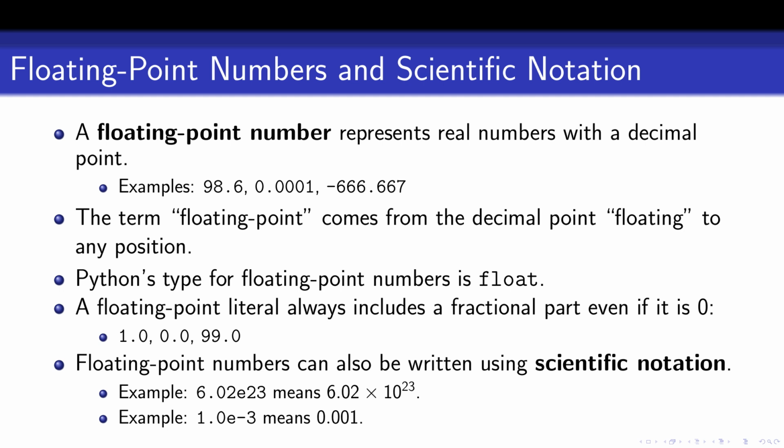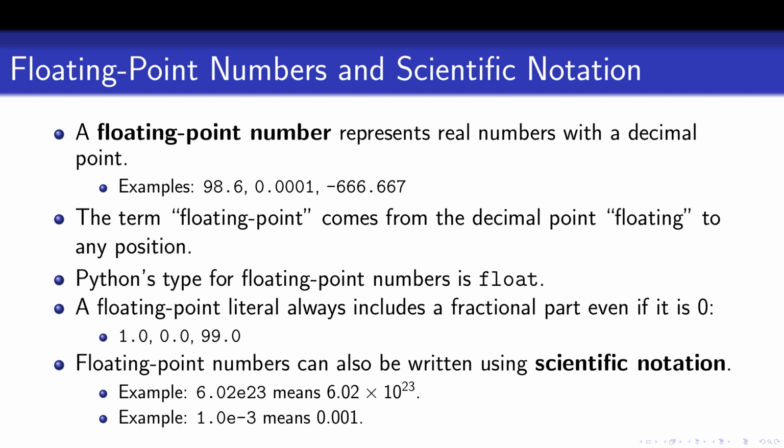Now let's shift to numeric types, starting with floating point numbers and scientific notation. A floating point number represents real numbers with a decimal point, such as 98.6, 0.0001, or negative values like -666.667.